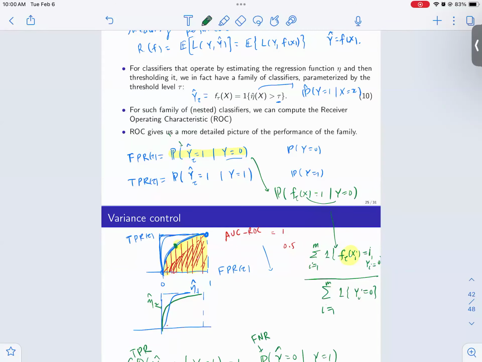Then you vary tau, you get another point. So for each tau, you get a classifier. Once you fix tau, this is a classifier that has a false positive rate and true positive rate. That would indicate one point there. As you vary, you trace out the entire curve.